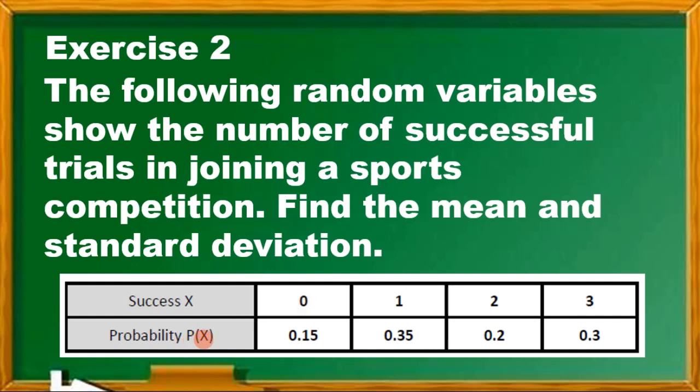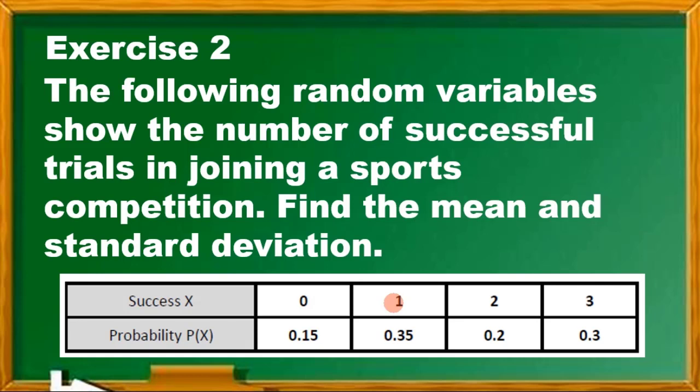Now what is x here? X is the number of successful trials in joining a sports competition. So meaning if a certain student has 0 successful trials, so in any trial you don't have any success, the probability that you join a sports competition is 15% or 0.15.